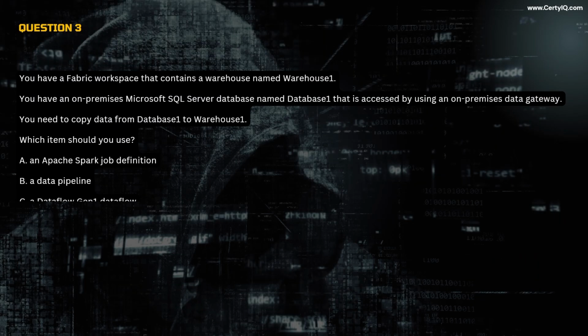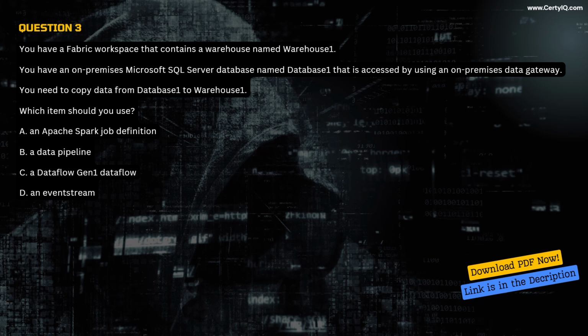Question 3. You have a Fabric workspace that contains a warehouse named Warehouse 1. You have an on-premises Microsoft SQL Server database named Database 1 that is accessed by using an on-premises data gateway. You need to copy data from Database 1 to Warehouse 1. Which item should you use? A. An Apache Spark job definition.